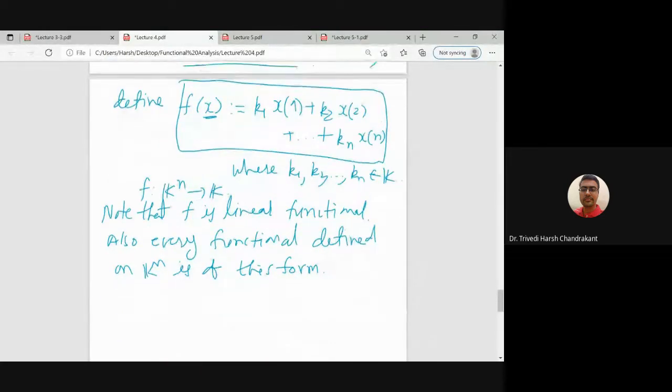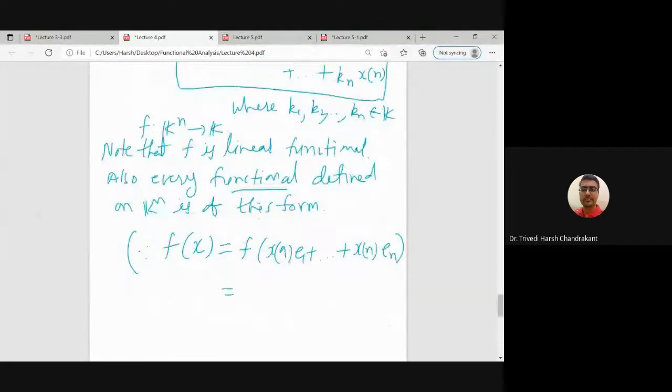That is true because f is a linear functional, so it is a linear map. If you apply f on x, then what is x? We can write x as x1 times e1 plus and so on xn times en, this is the standard basis. And f is a linear map, so linear map means it is x1 times f(e1) and so on xn times f(en).